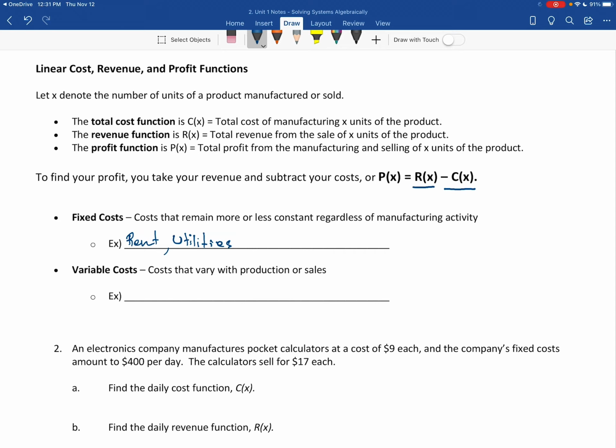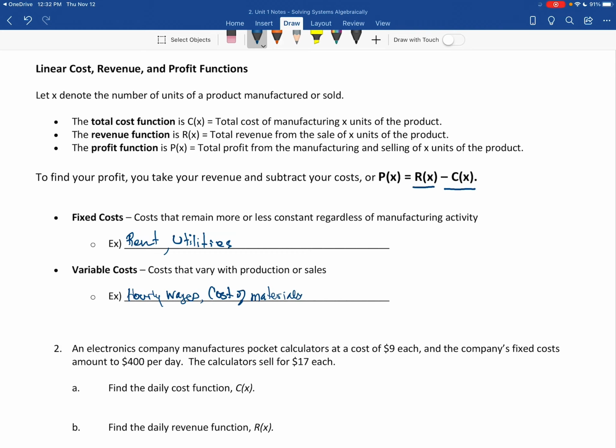Then you have what's called the variable costs. That's what varies with your production and your sales. A lot of times, that is the hourly wages, maybe, for your employees. Those could vary depending on how much you make. If you're making more, then you need more personnel, and therefore your wages are going to depend on that. The cost of your materials.